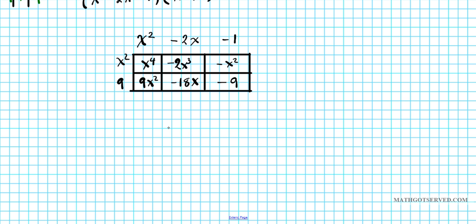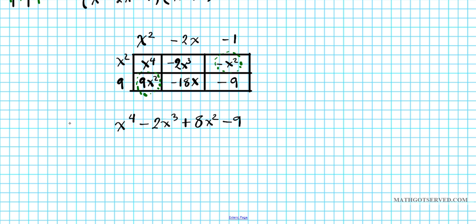All right, so let's go ahead and simplify. We're going to have x to the fourth minus 2x to the third. Now notice we have two terms of the second degree, 9x squared and negative x squared. We combine these two together, that yields plus 8x squared minus 9. All right, so this basically is our final answer.